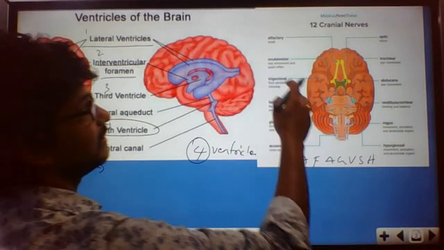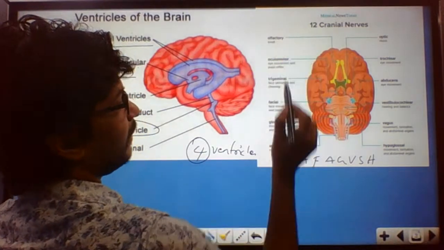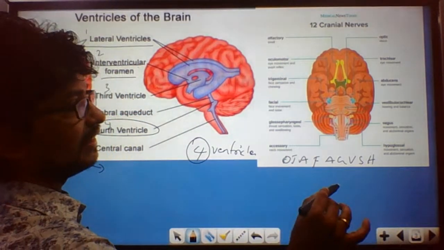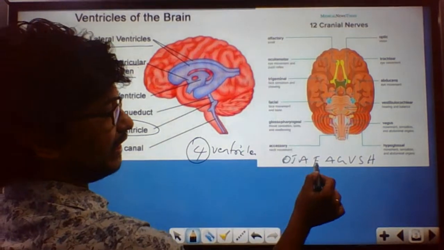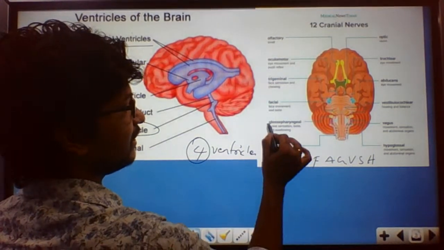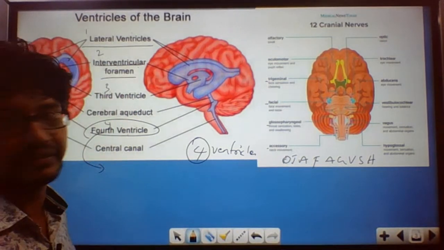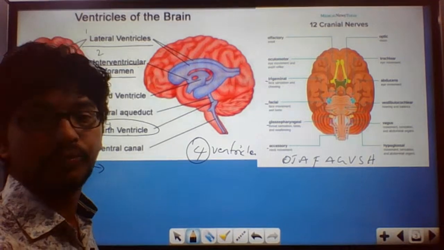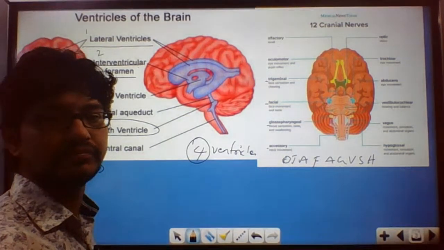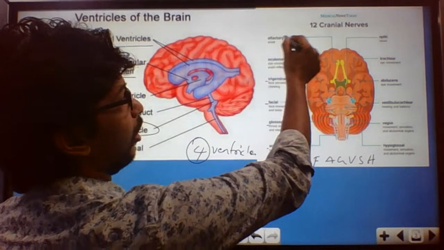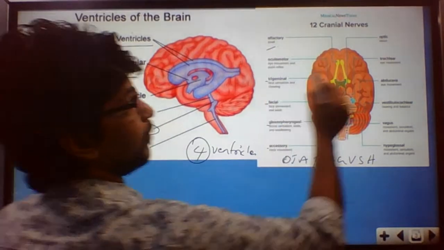I'll start with these 12 cranial nerves. O, T, A, F, A, G, B, S, H are the first letters of these nerves. I hope you can recollect the formula I gave in the beginning. Olfactory is for smell.